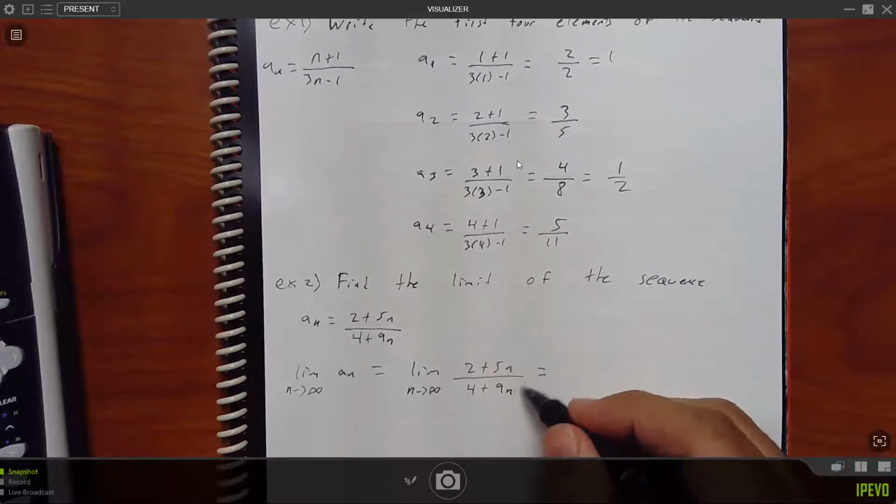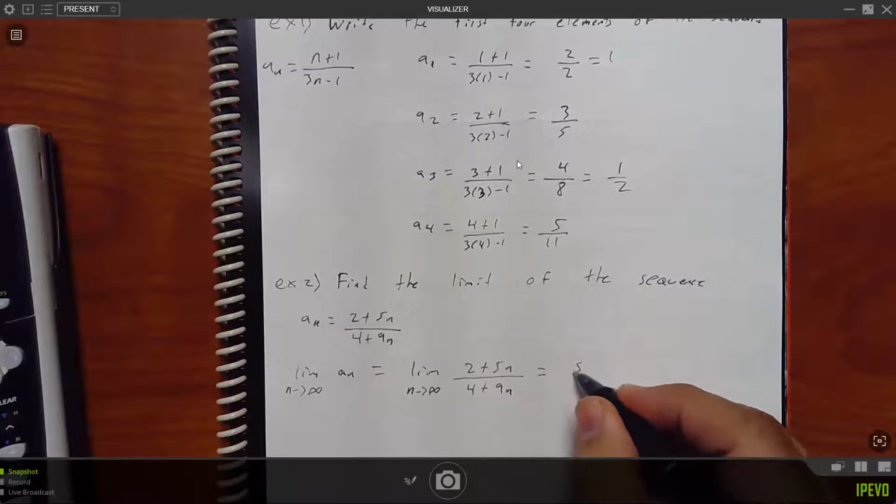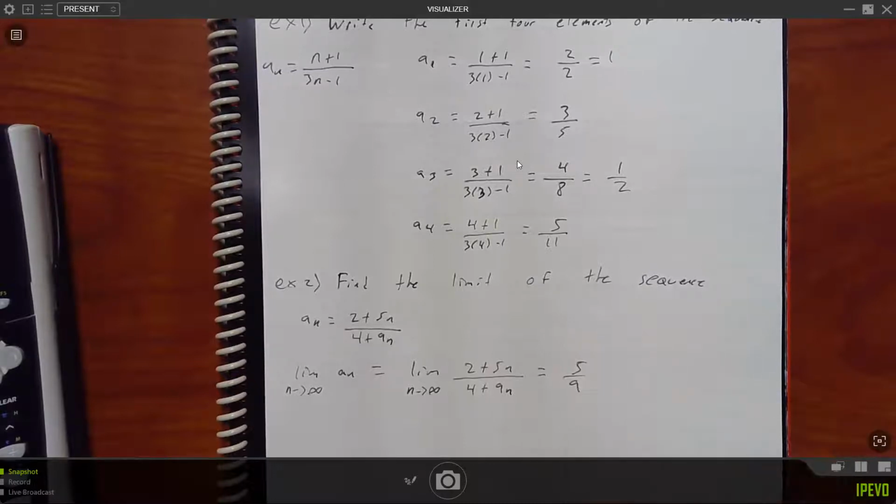So the degrees are the same, right? That'll just be 5 over 9. Nothing crazy.